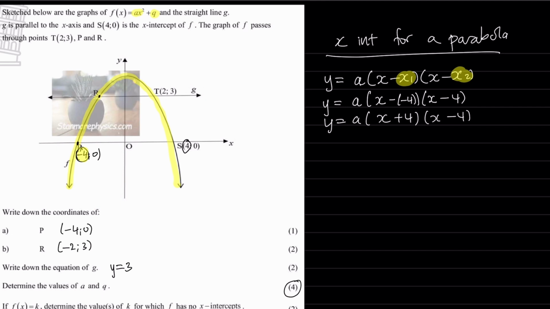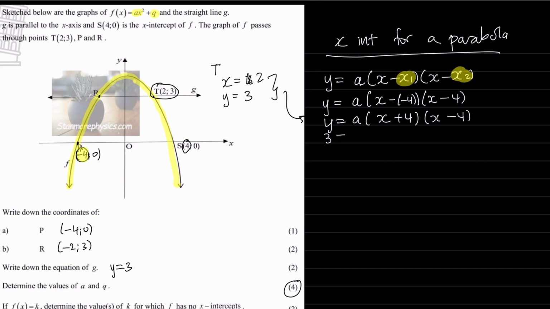We know point R, we know point T. So whichever we substitute will still work. But I'm going to choose point T to substitute in. For point T, the x value was 2 and the y value was 3. So we're going to substitute this into our equation here.